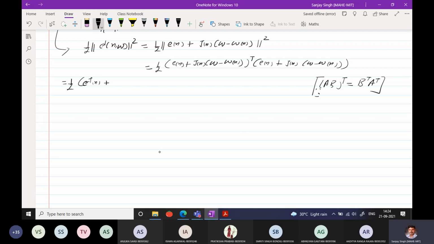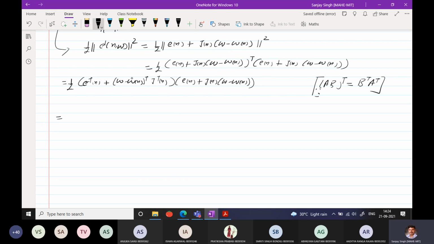So I can write it as (W minus W_n)^T J_n^T, and E_n plus J_n (W minus W_n).